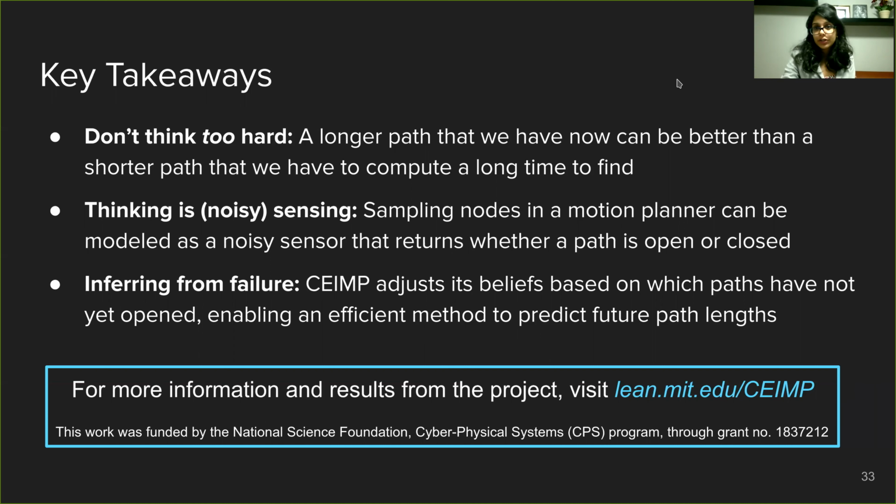Finally, inferring from failure allowed us to keep infeasible edges and run inference on whether they may open up in the future. And CEIMP updates its beliefs based on not being able to repair edges. And this whole process helped us efficiently predict future path lengths.